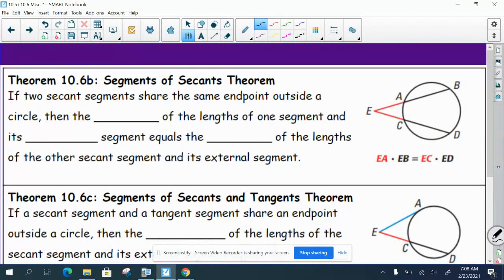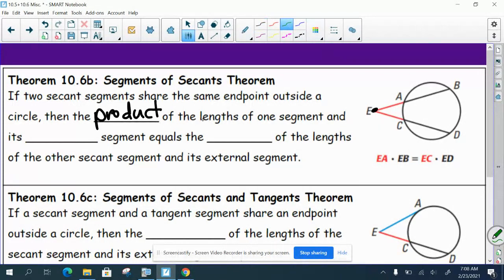So theorem 10.6b says segments of secants theorem. So this says if two secant segments, so EB and ED, share the same endpoint outside of a circle, then the product, this is very particular, so be careful.